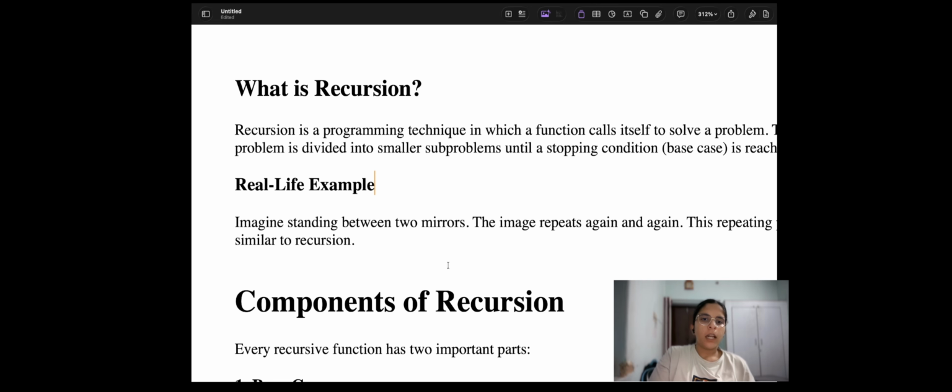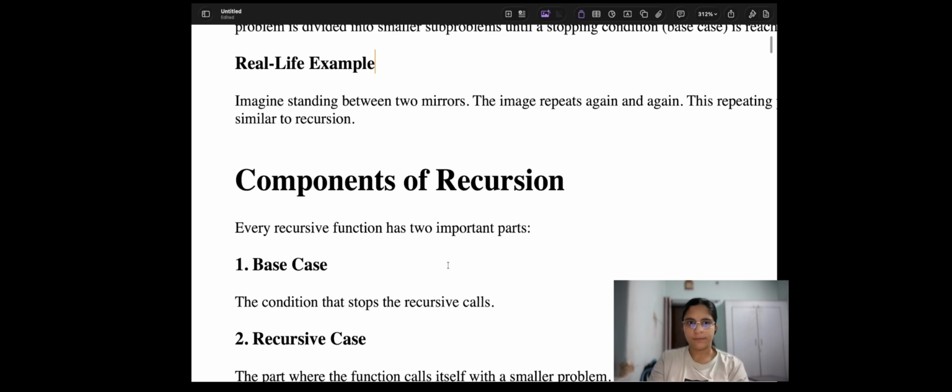Now, components of recursion. Every recursive function has two important parts. First one is the base case, the condition that stops the recursive call.